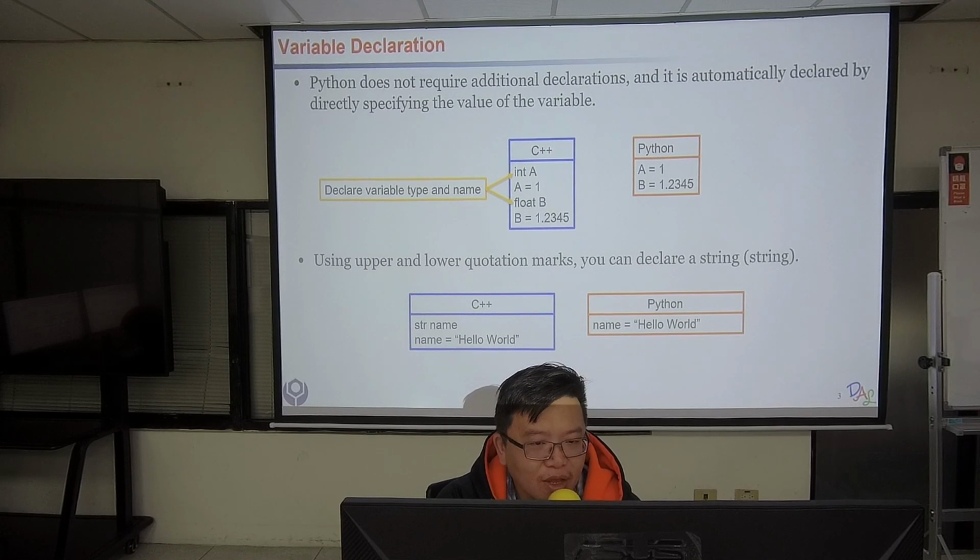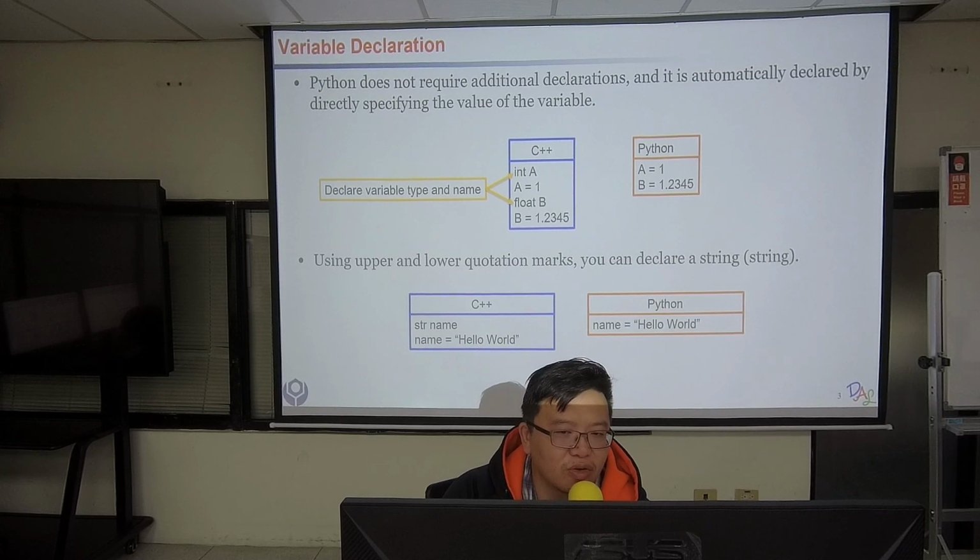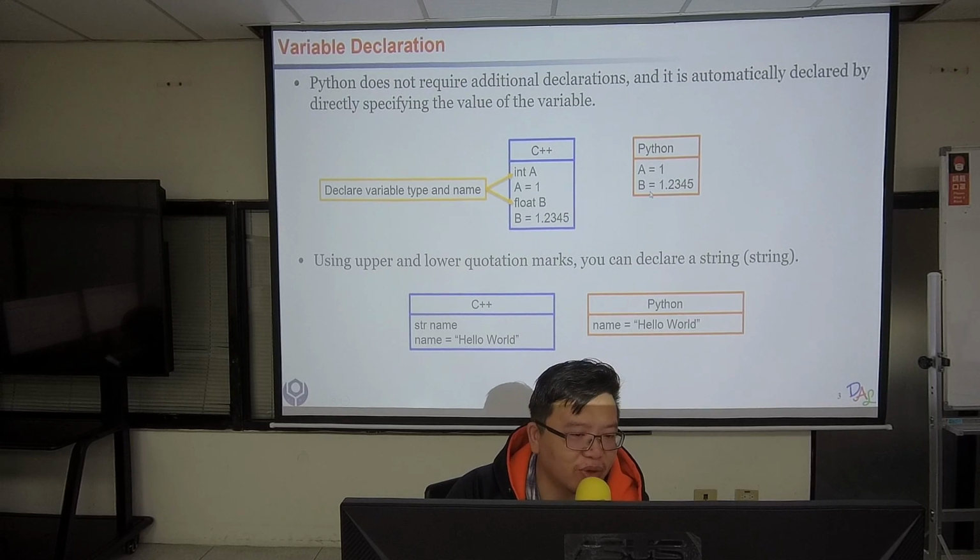Okay, so at the beginning when Python was created, they don't want you to define the type of variable. You can directly use it. So when you say A equals to 1, Python will make a decision, okay, what is the best variable type for this input? When you say B equals to 1.2345, Python will make a decision.